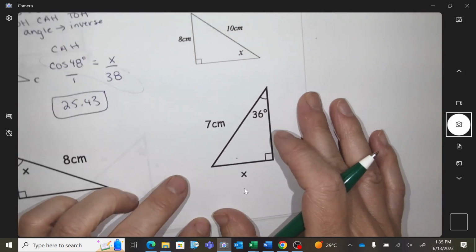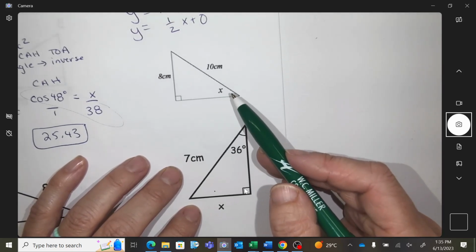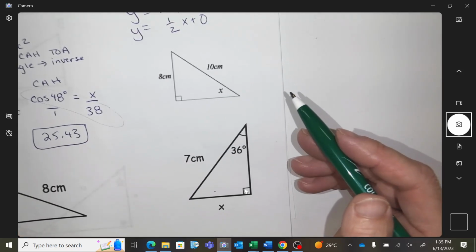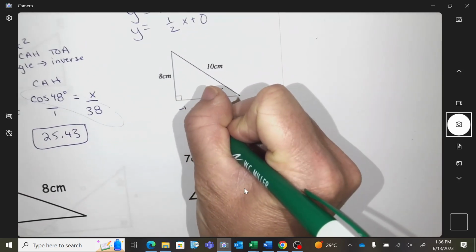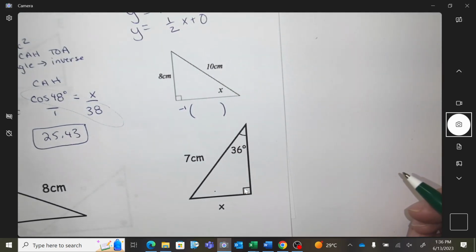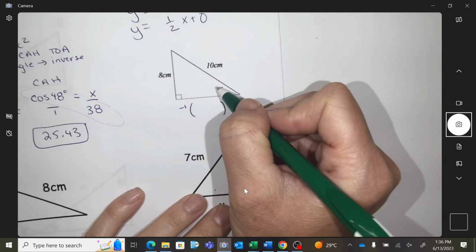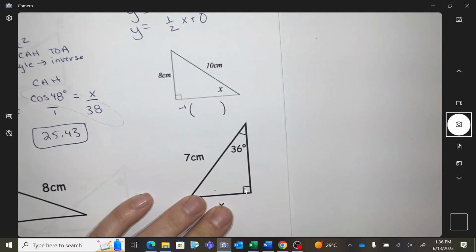Okay, I need angle X. Angle X. Ooh, what are we doing? Angle. I'm doing an inverse. Which inverse am I doing? So 8 is what to the X? OAH.